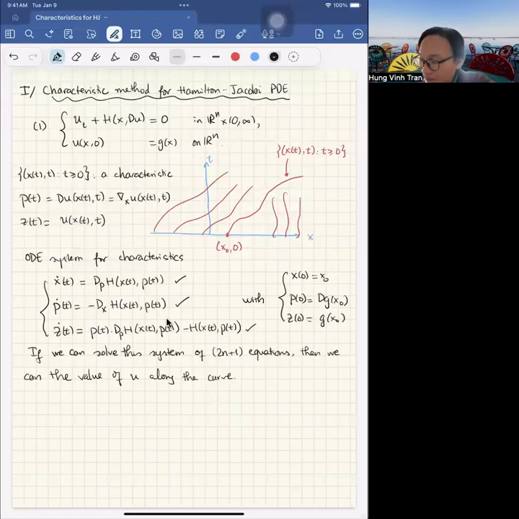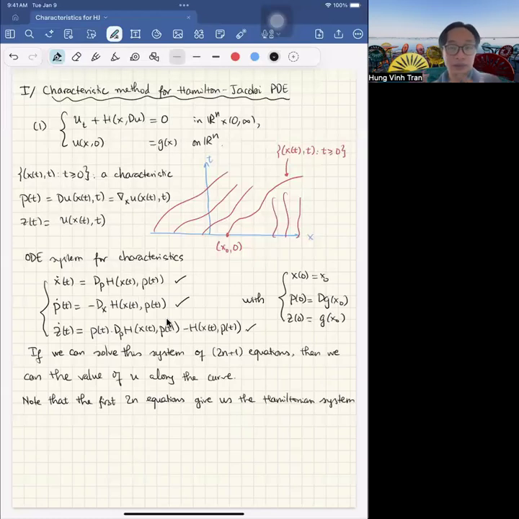As a matter of fact, note that the first 2n equations give us the Hamiltonian system.